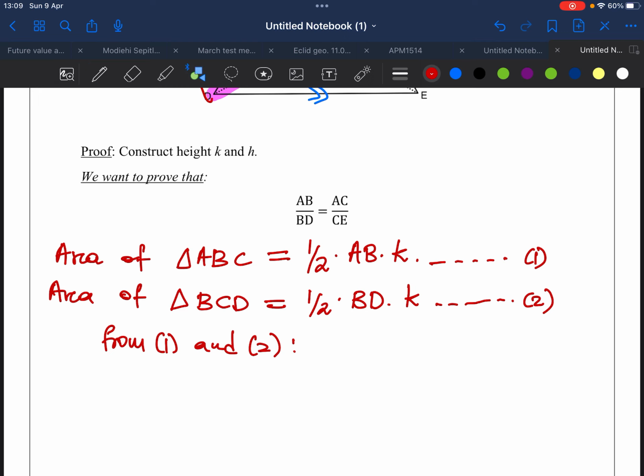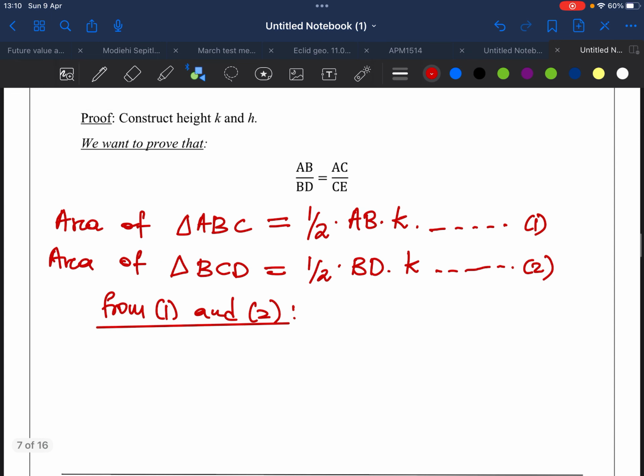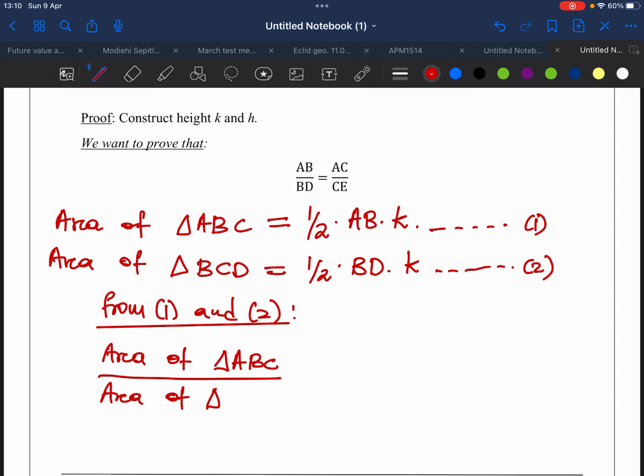From 1 and 2 we have that area of triangle ABC over area of triangle BCD.